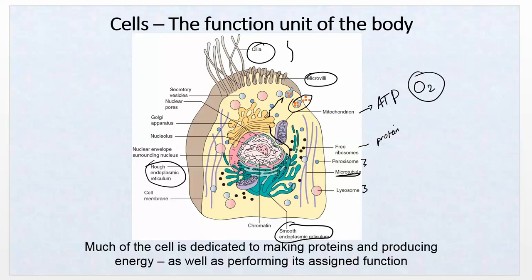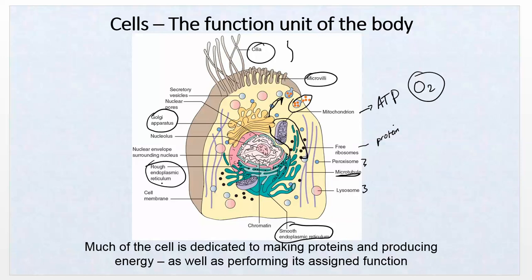The Golgi apparatus is where these proteins get cut up and activated, put in their active form, and then they can be excreted, or they can be joined up with something like the peroxisome. We may need to make an enzyme that the peroxisome is going to use to break things down, so it'll go through that process and then go to the peroxisome.